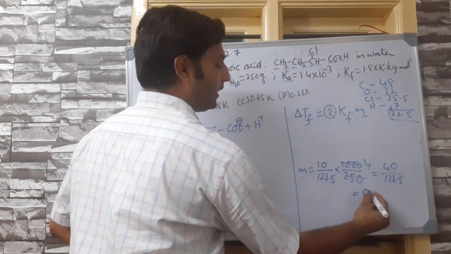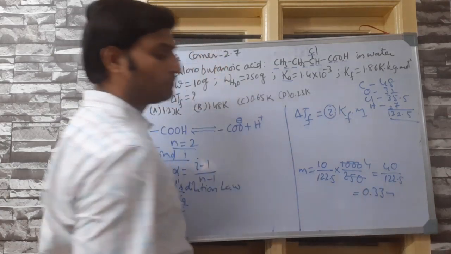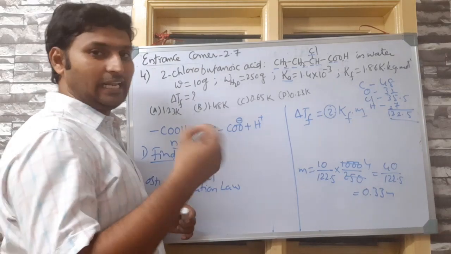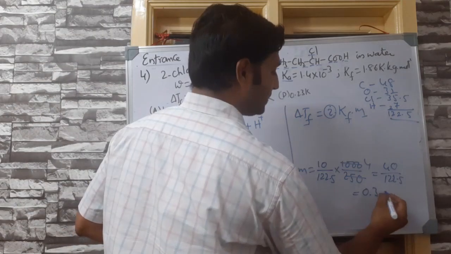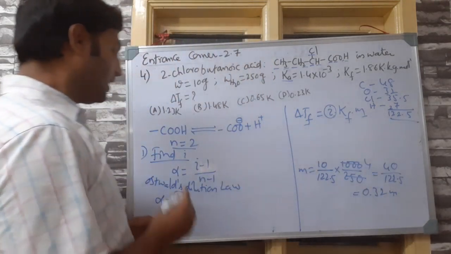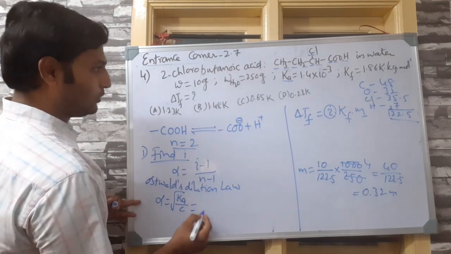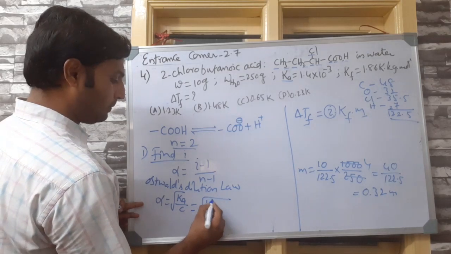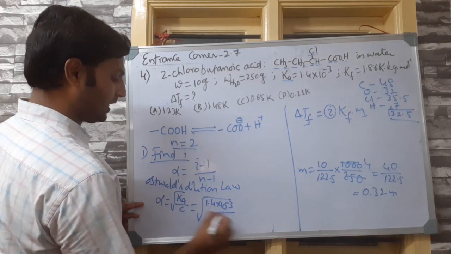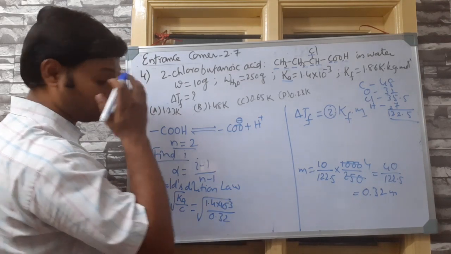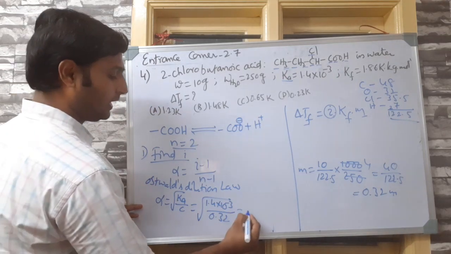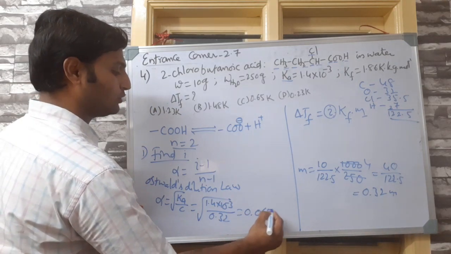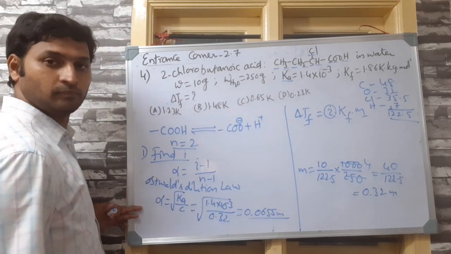Now 40 by 120 would have given you 0.33 molar. Here it will get slightly less than 0.33, so I can say 0.32. Now molarity is 0.32, Ka value is given as 1.4 into 10 power minus 3. So 1.4 into 10 power minus 3 divided by 0.32 something. If you simplify, you will end up getting 0.0655.